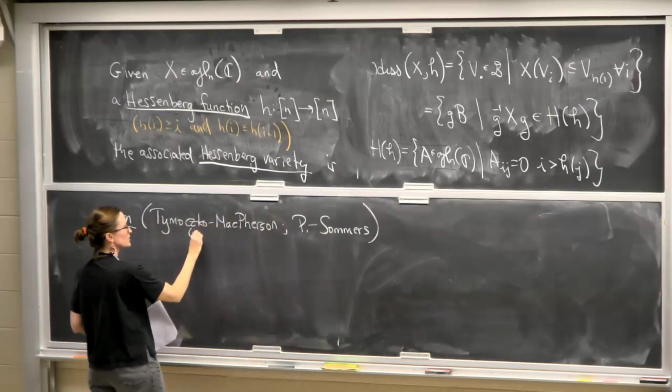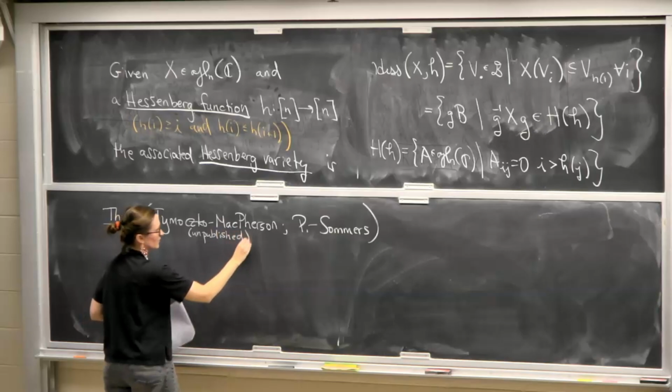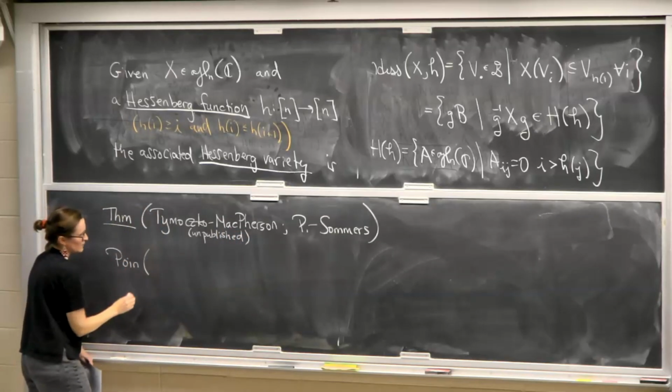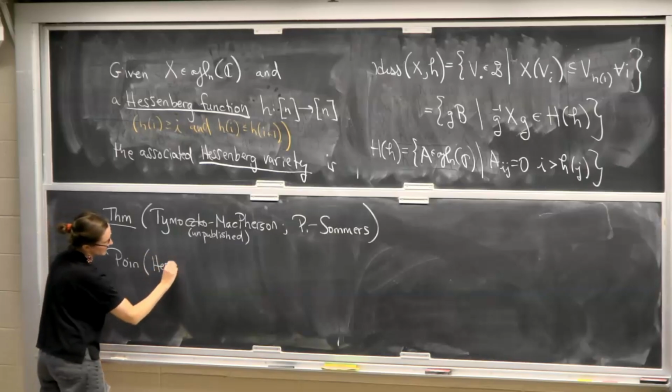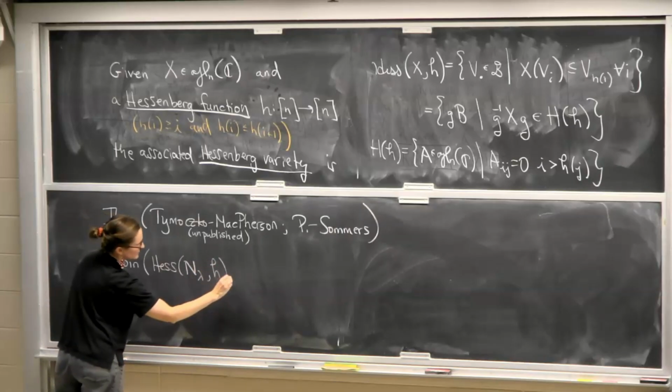So this is unpublished. So let's go ahead and take the Poincare polynomial of a Hessenberg variety.